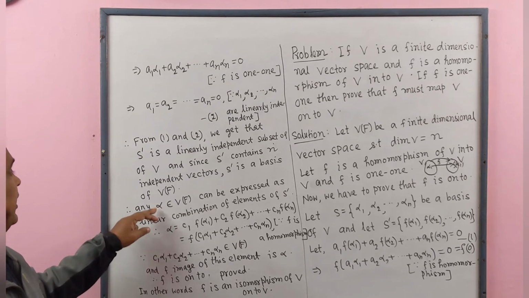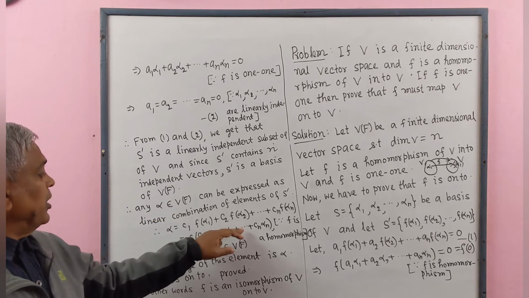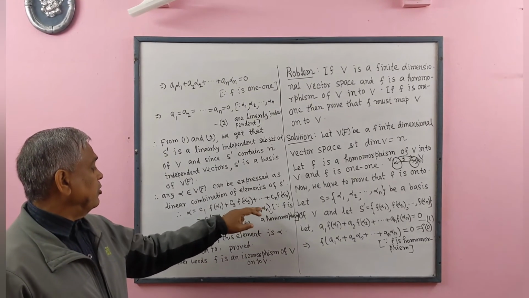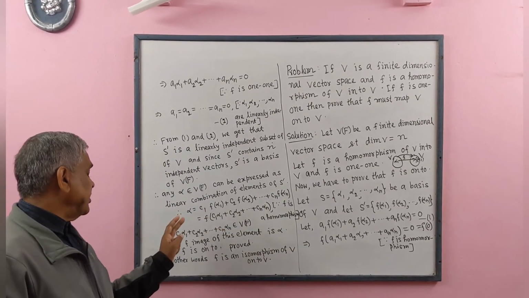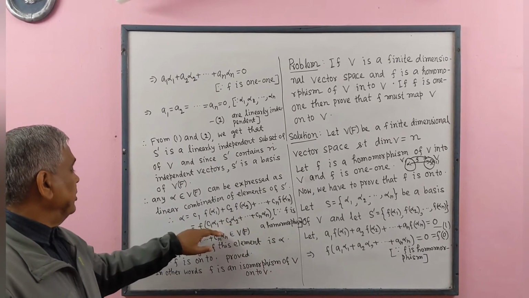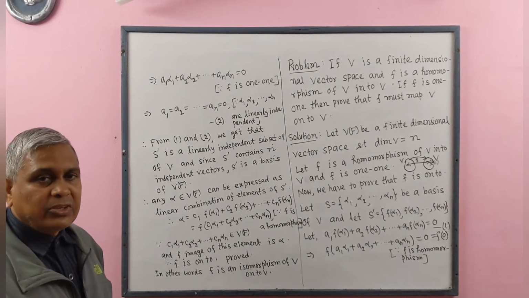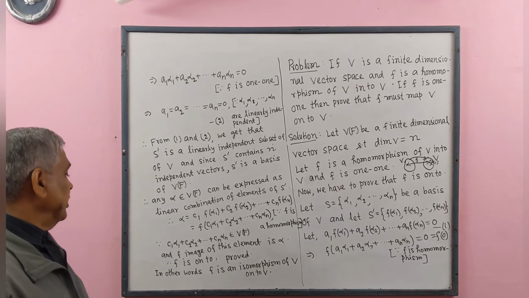Therefore for any alpha we get an element C1 alpha 1 plus C2 alpha 2 plus dot Cn alpha n of V such that F of this element equal to alpha. Therefore F is onto.